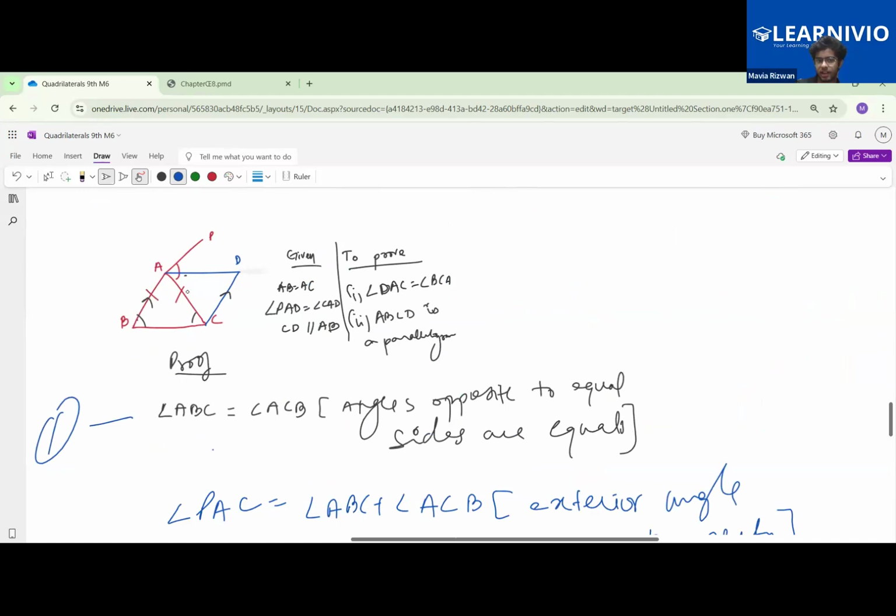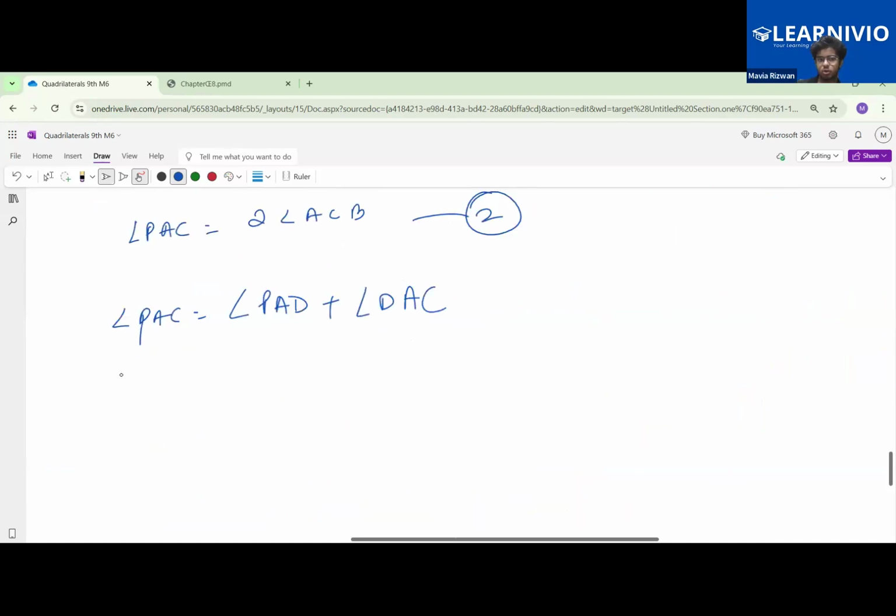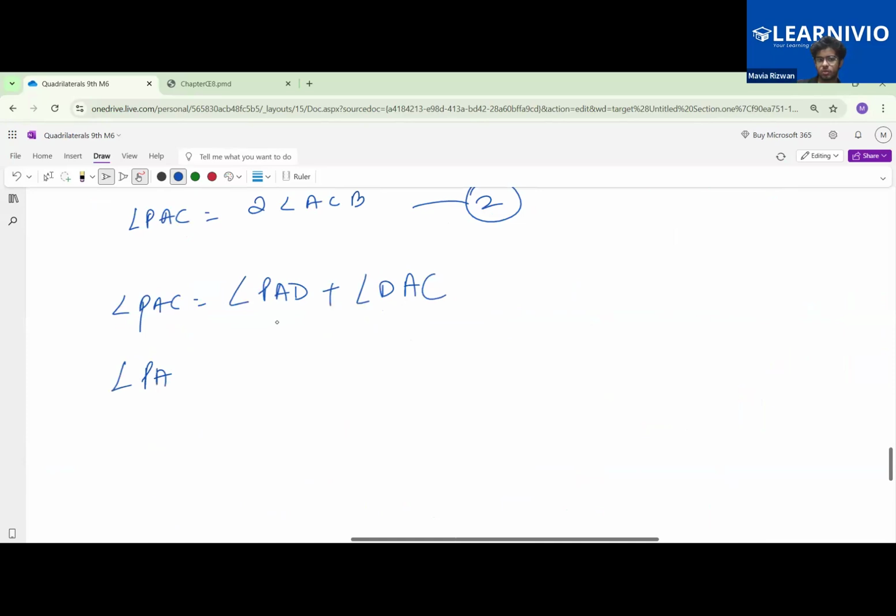So instead of PAD, I'm going to write DAC again. So angle PAC is equal to DAC plus DAC, which is twice of angle DAC.